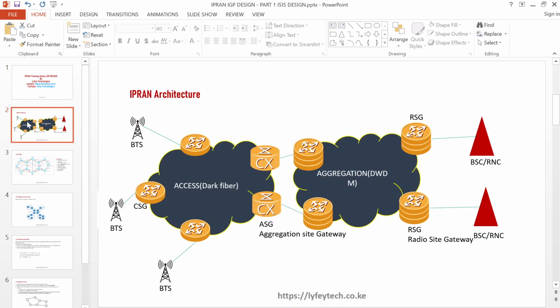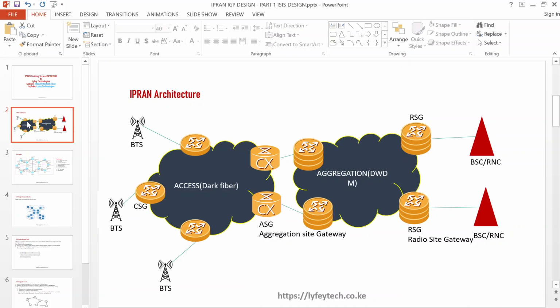In our previous series, we've looked at IPRAN architecture in detail, the nodes that we have from the BTS to the CSGs to the aggregation node to the RSGs and then to the controllers. Before you start deploying services on an IPRAN network, you need to ensure there is connectivity or reachability from the BTS to the controllers.